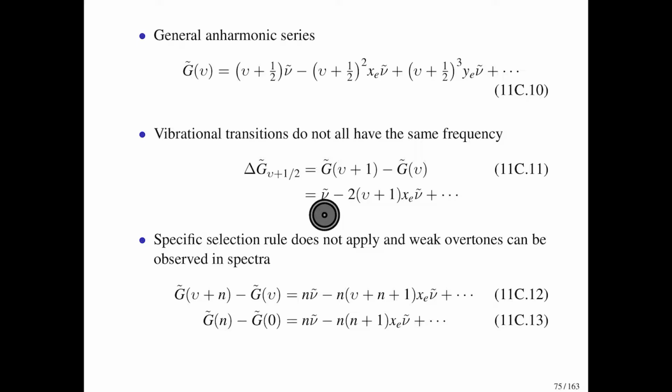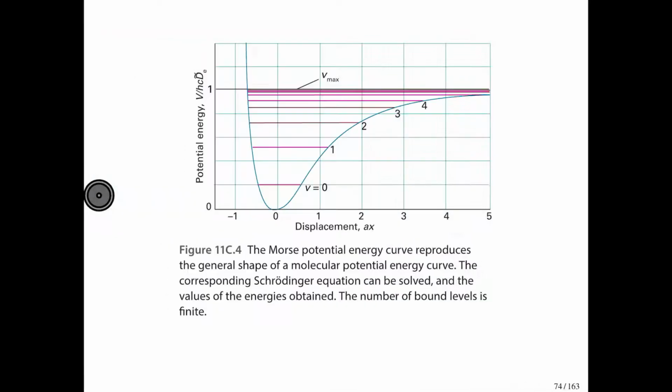That's the result for the harmonic oscillator. But a consequence of anharmonicity is that you will have correction factors here that modify that frequency. So the transition frequency from upsilon 0 to upsilon 1 is different from the transition frequency from upsilon 1 to upsilon 2, as you would expect intuitively from the plot.